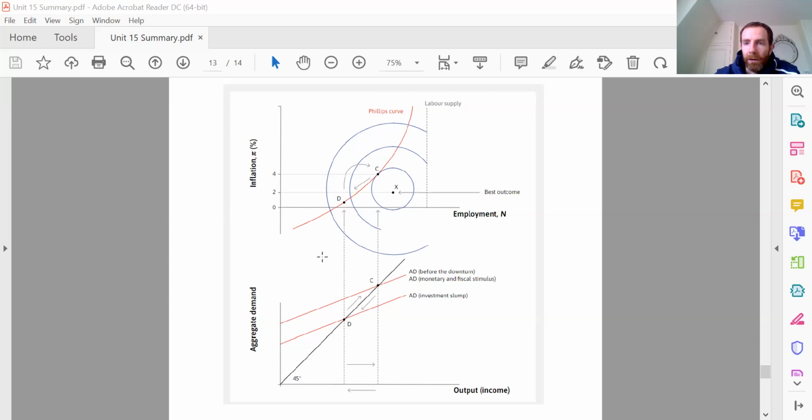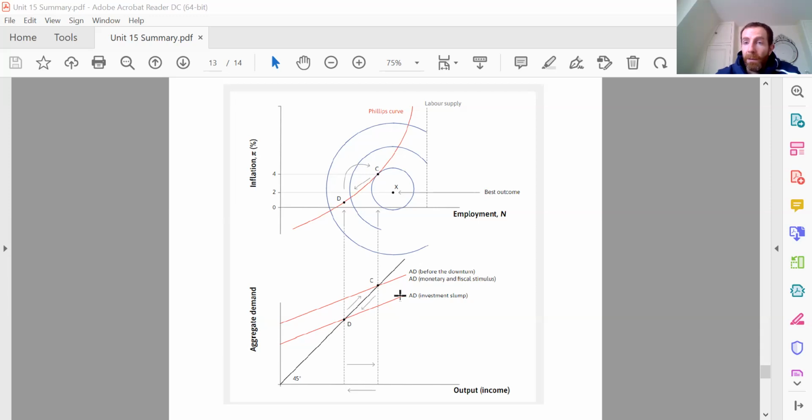So this is where government can step in, and we imagine them stepping in two ways. And you can see it says monetary and fiscal stimulus. So let's imagine that the central bank decides to cut the interest rate, maybe increase the amount of quantitative easing, and then some fiscal stimulus.